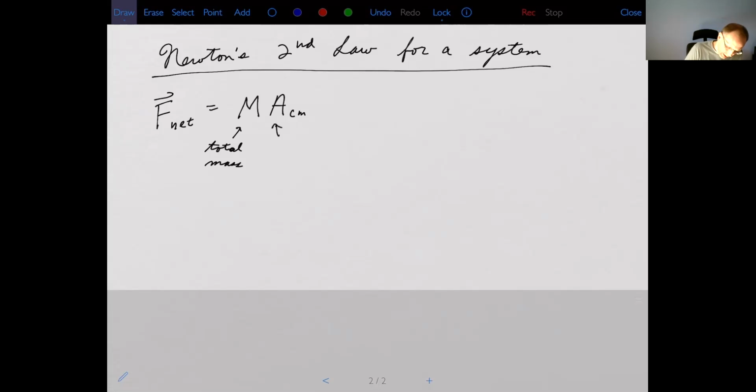So this is really the acceleration of the center of mass.